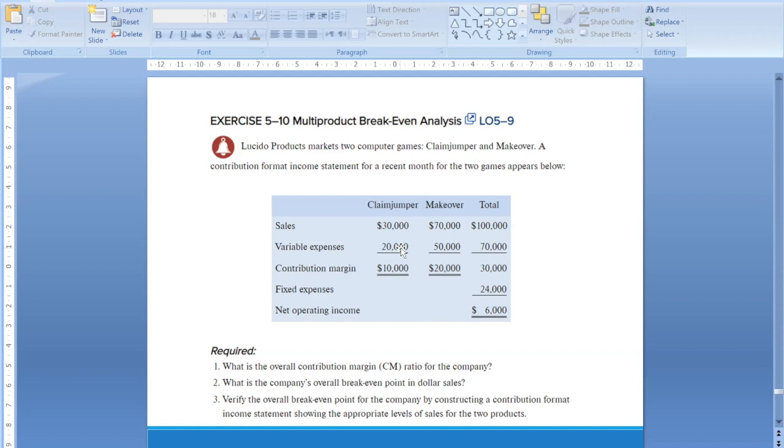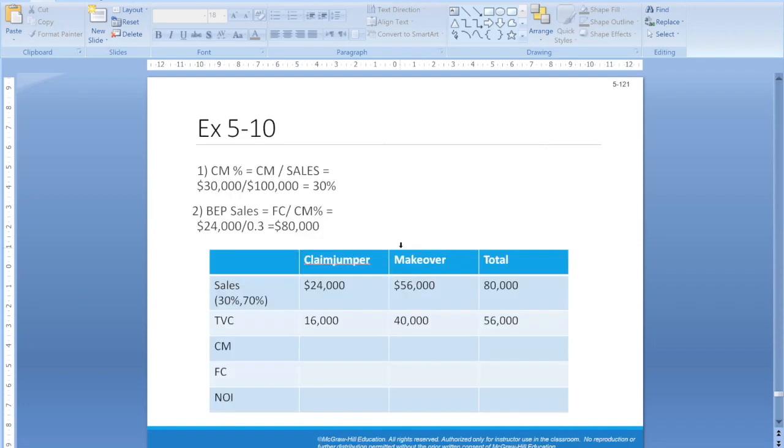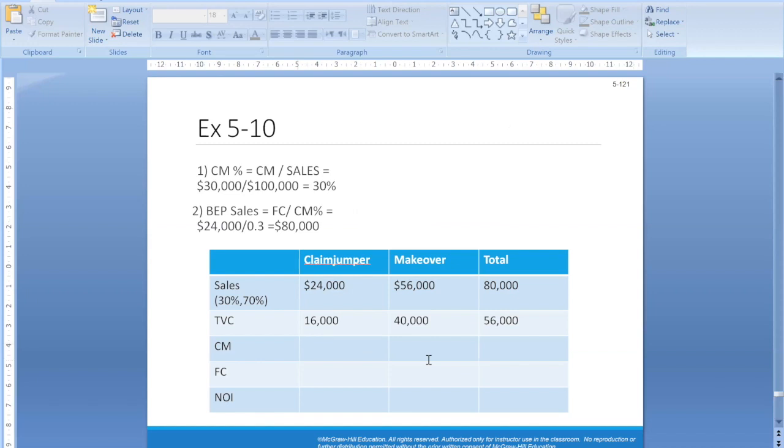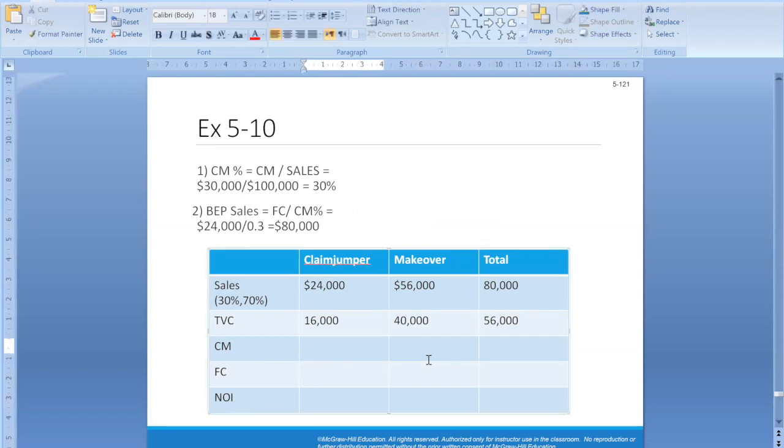Similarly, we would say 50 out of 70 multiplied by 56. This equals 40,000. And then the answers. The contribution margin for the first one is 8,000.